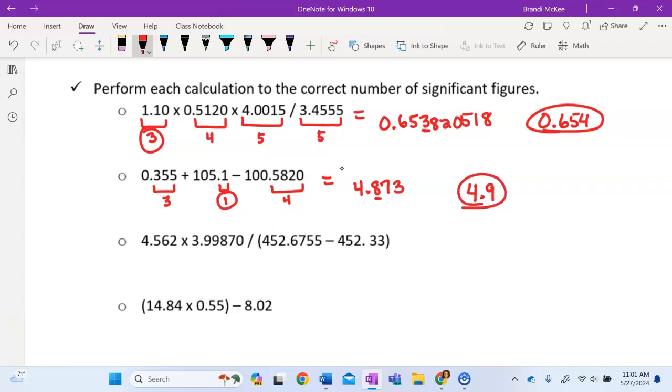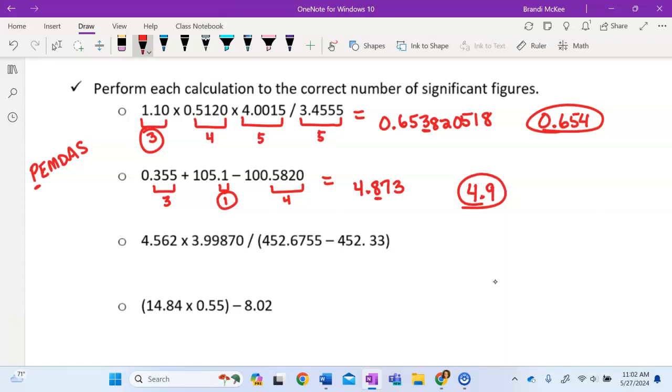Okay, so what if we do have mixed operations? So here we have multiplication, division, and then we have parentheses that include subtraction. Well, if we think about order of operations, please excuse my dear Aunt Sally, PEMDAS, okay? Parentheses always come first. So the first thing I need to do is this subtraction inside the parentheses and follow the rules for significant figures for it.